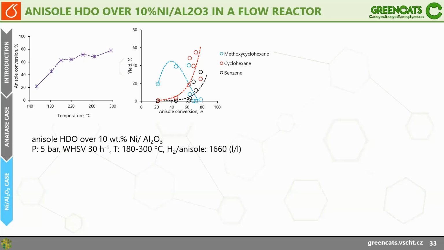And to support this, we have done experiments with this methoxycyclohexane. So we took one of the experiments where we were yielding even more methoxycyclohexane and started the reaction with methoxycyclohexane. And surprisingly, or maybe not, the distribution between benzene and cyclohexane as the ultimate product was exactly the same.